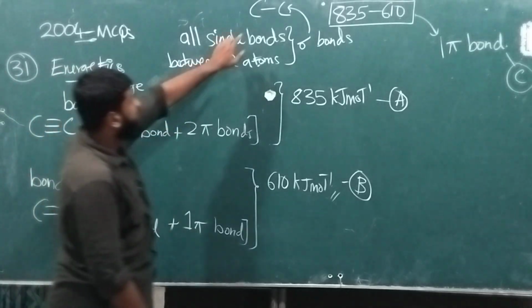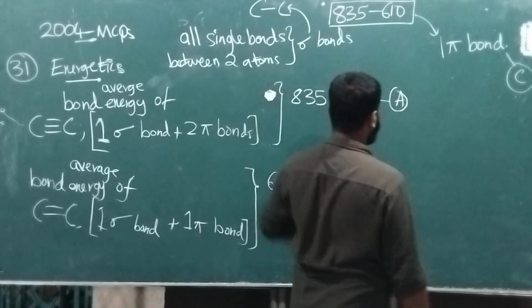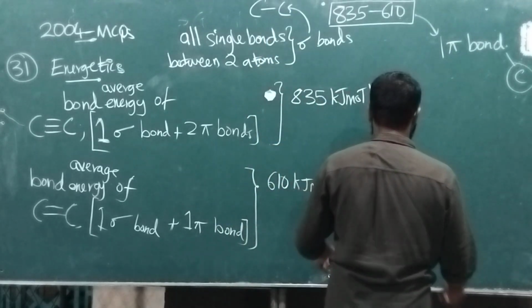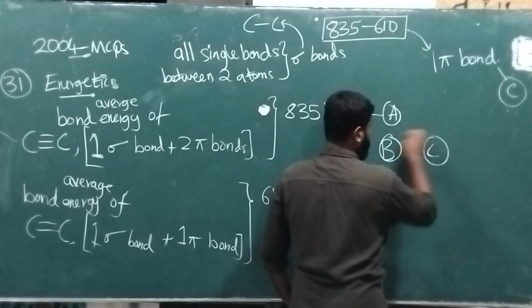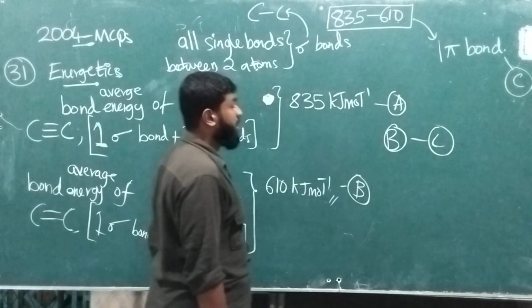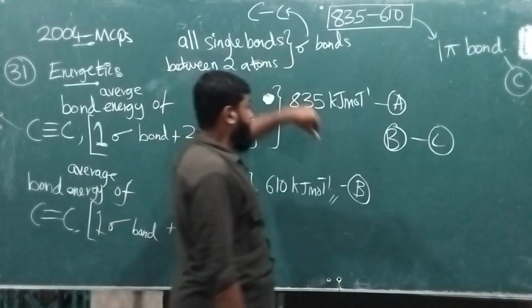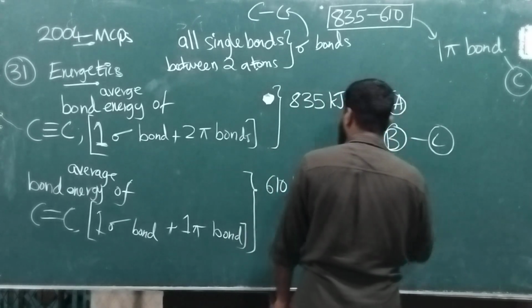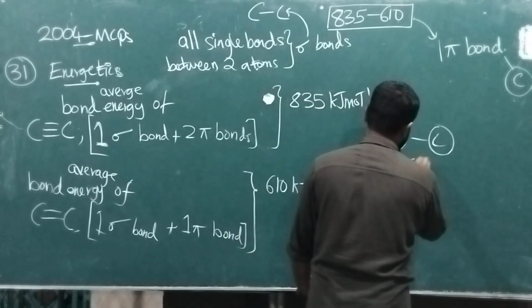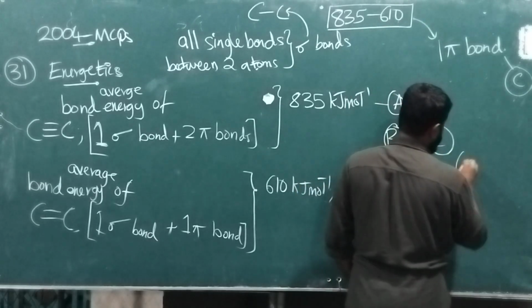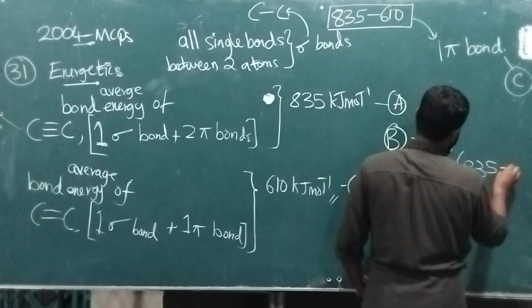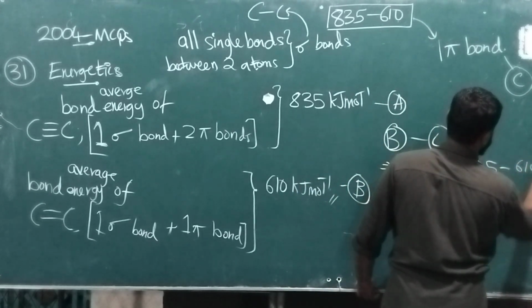So that's the question they have asked. What I can do is take the B equation minus C. If I subtract them, I'll get 610 minus 835 minus 610.